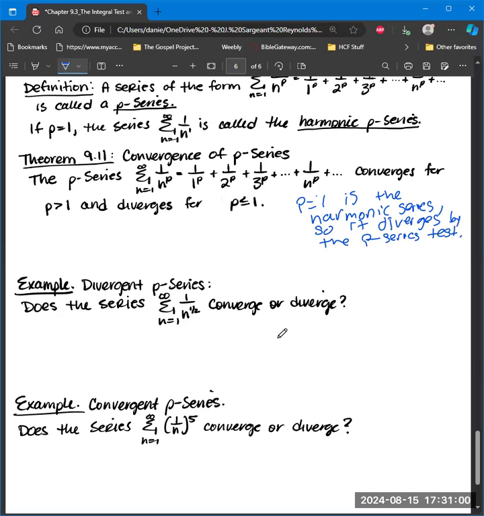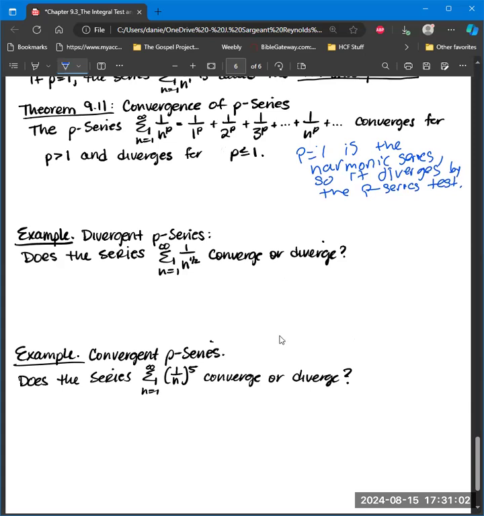It's enough justification to say it is a P series with P equals whatever. So justification is going to look something like: P series with P equals, fill in the blank here.